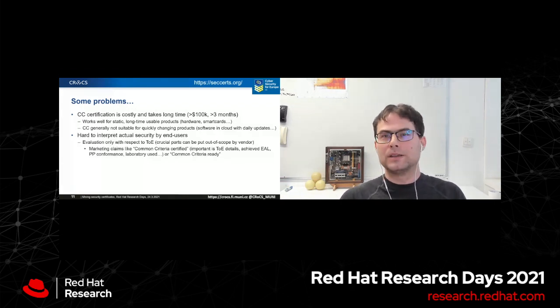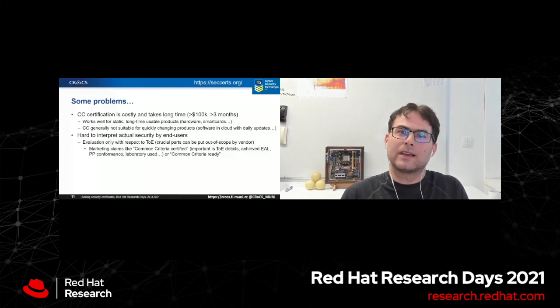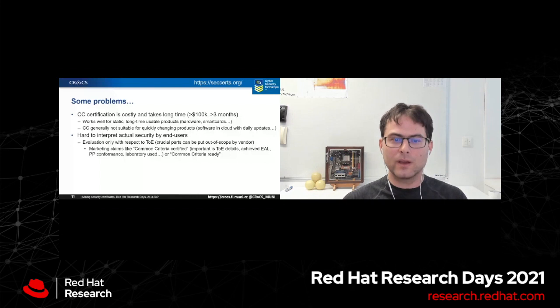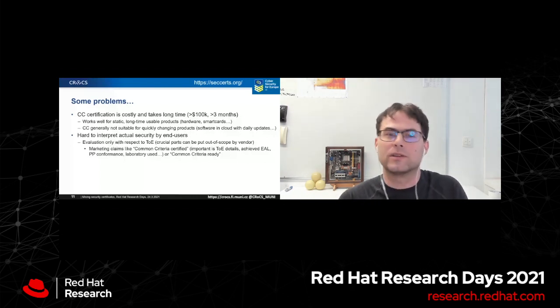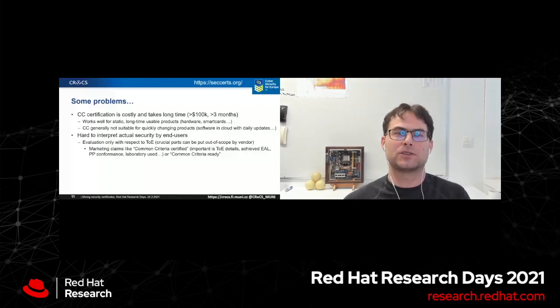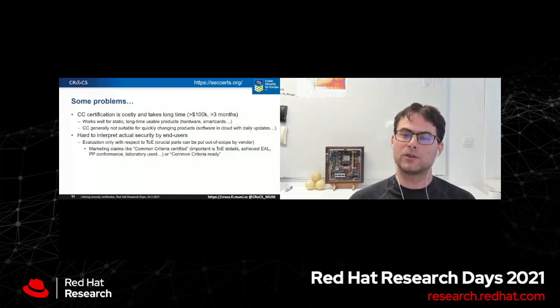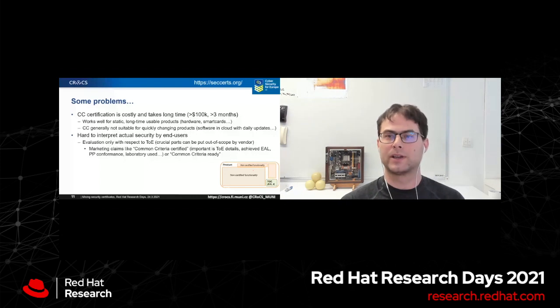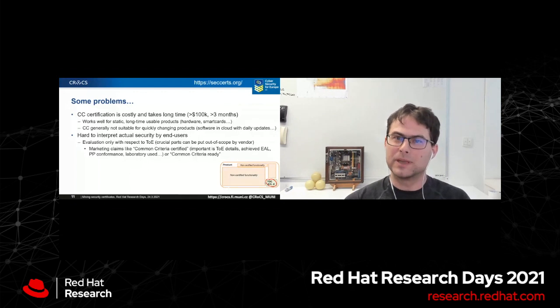So you might see some claims like Common Criteria certified, but this doesn't mean anything unless you know what the target of evaluation is. Or Common Criteria ready, which means it's not even certified, it just can eventually be put through certification. So imagine that you have a product like this where most of the functionality is not certified and out of scope, and only some small subpart is certified, maybe to level 4. So that's clearly a bit misleading.